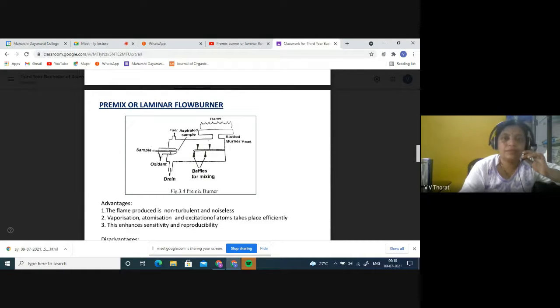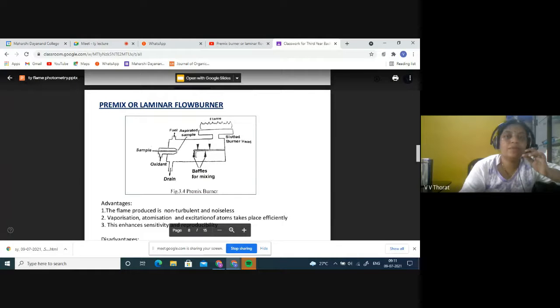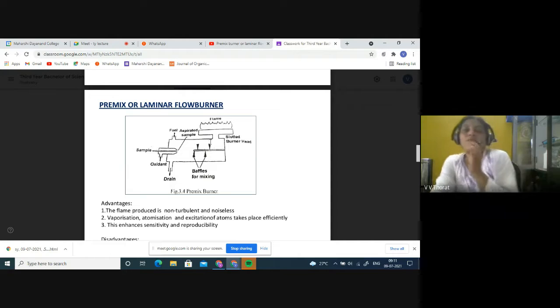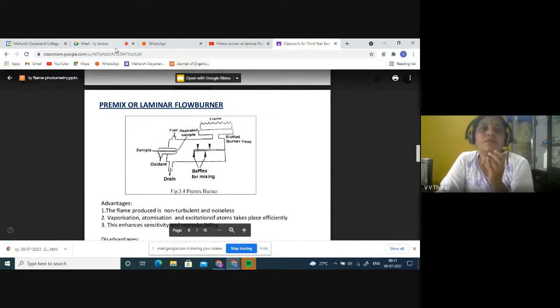They are mixed and made to move towards the burner. As they move towards the burner, these baffles, this triangular dark shape, are for mixing. The baffles keep on rotating, because of which the larger molecules are drained off, whereas the smaller molecules reach the burner. So now I've got a beautiful video on YouTube.